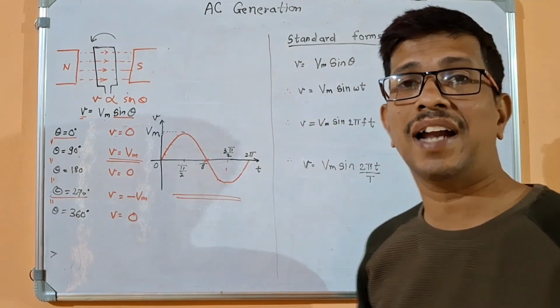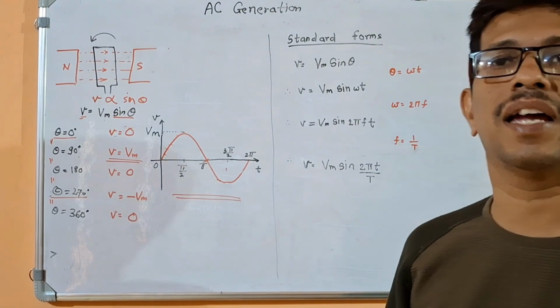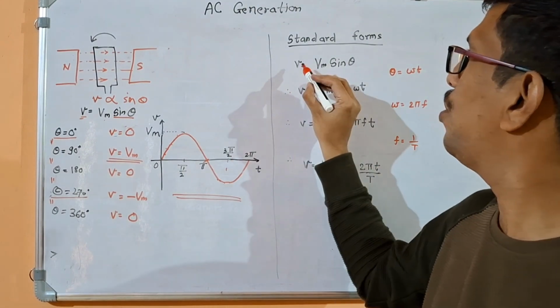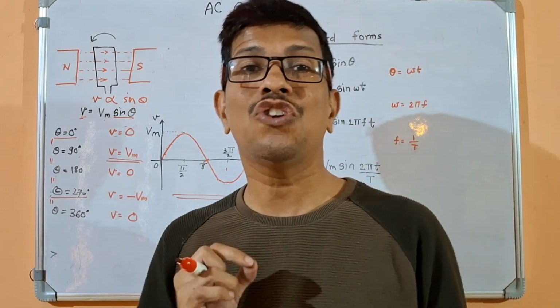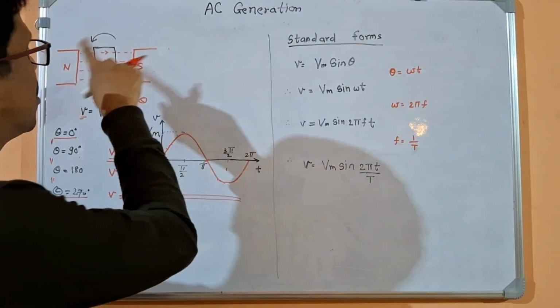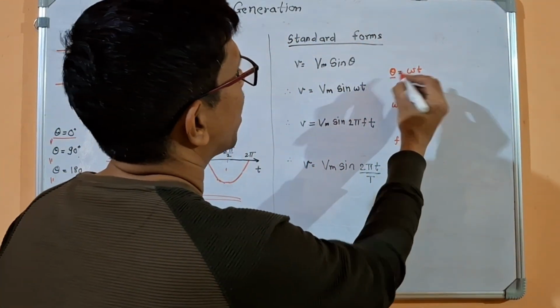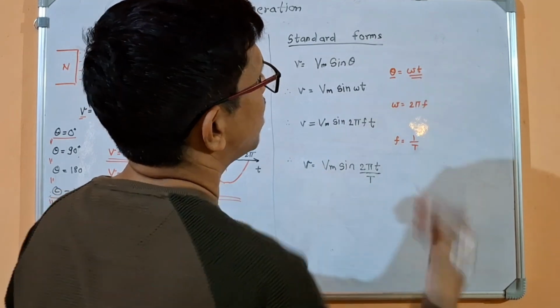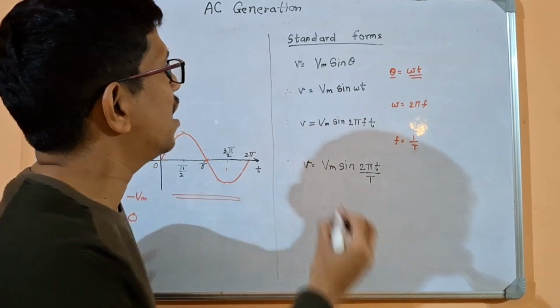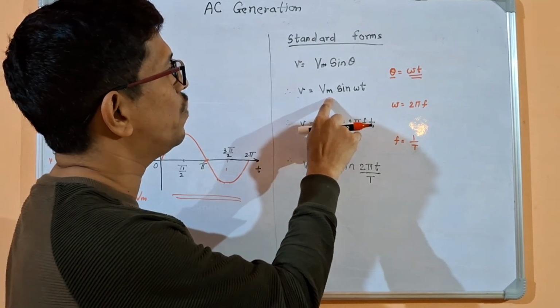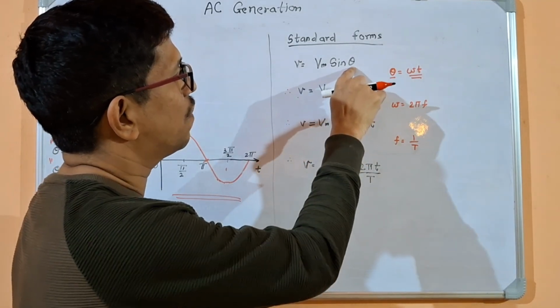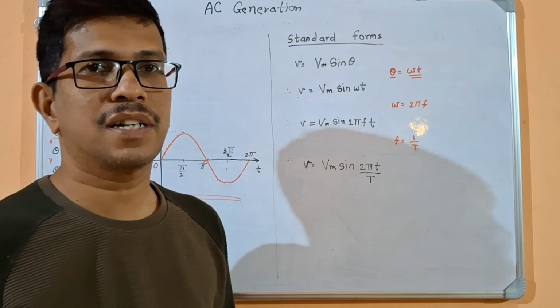For current you can write I is equal to Im sin theta. Here I am writing for voltage V is equal to Vm sin theta. If omega is the angular velocity of rotation of this coil, then theta can be written as theta is equal to omega t, and therefore your second standard form will be V is equal to Vm sin omega t. Instead of theta, the omega t is coming over here.